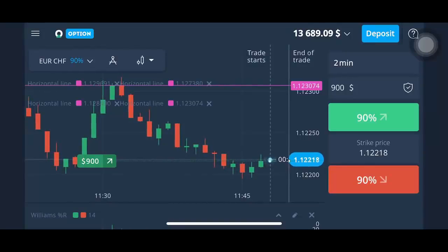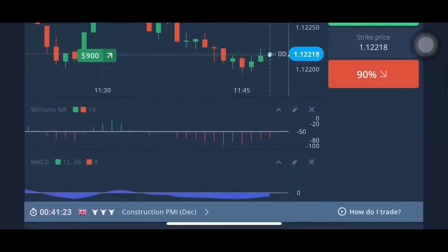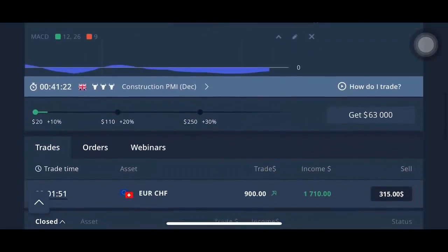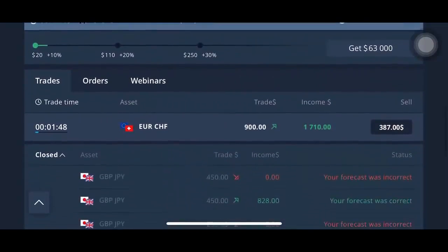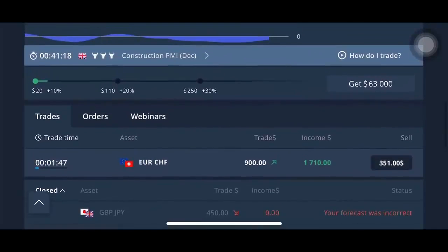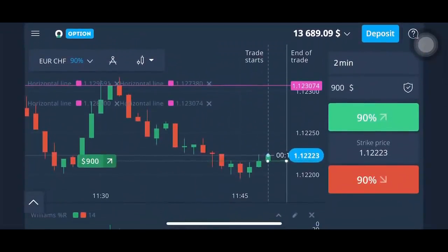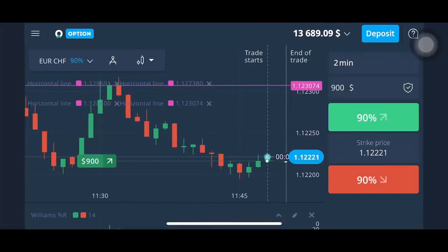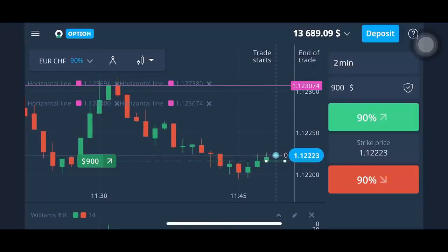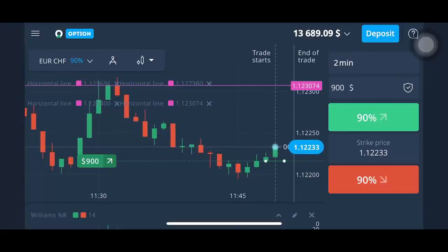$900 is my investment, exactly double my previous investment. You guys can see here, $450 is what I invested in the last trade, and in this trade I have invested $900, 2-minute time frame. Let's see what exactly we are going to get as a result and how much money is rewarded to us by the market.